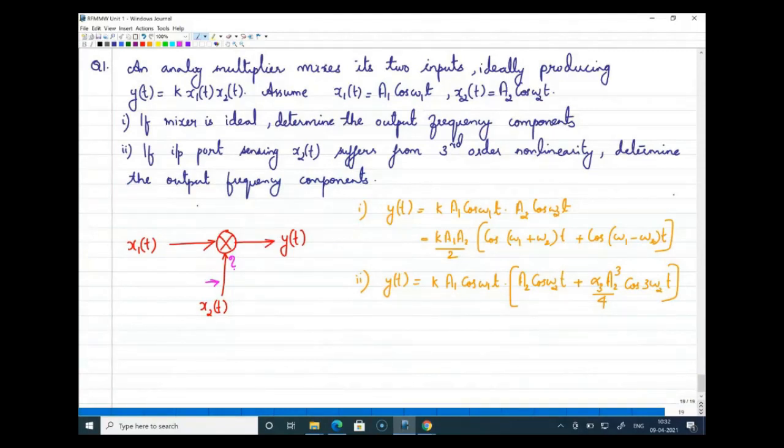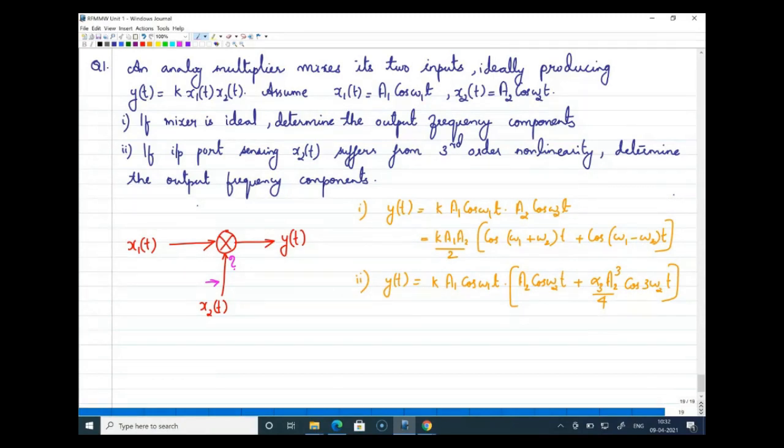So we should not use the same term as we used to derive the first equation, because there we had the summation of both the terms. Here only x2 of t should come. So for the third order nonlinearity, we should only write a2 cos omega 2t whole cube, like the whole cube of x2 of t.